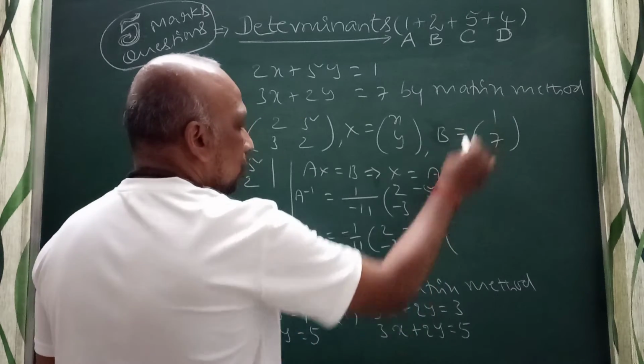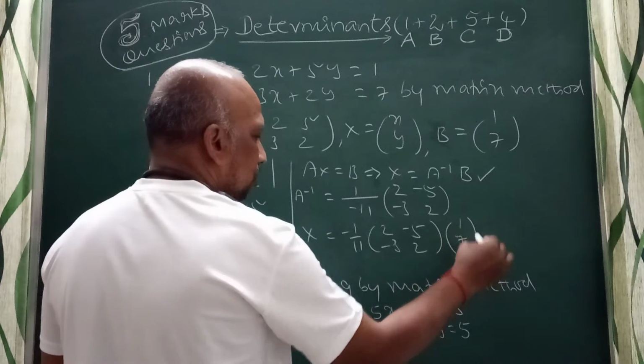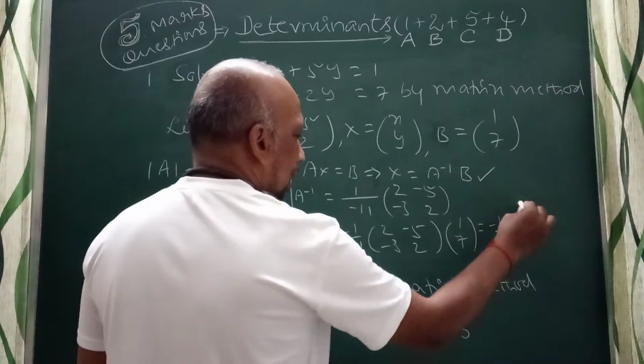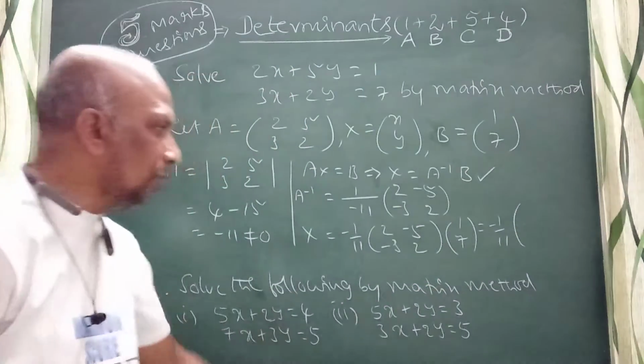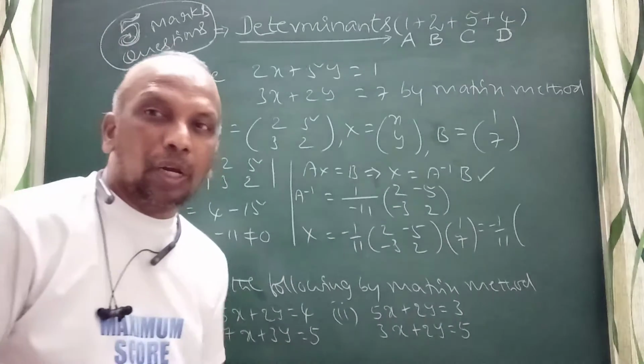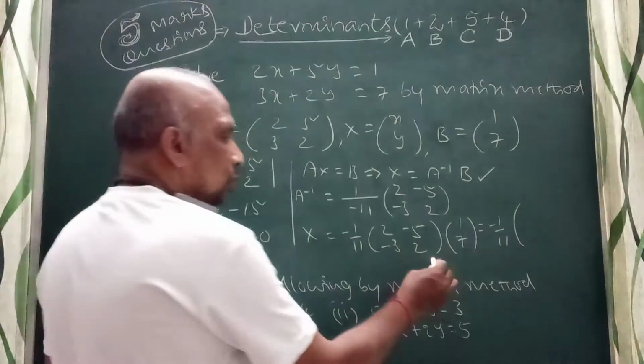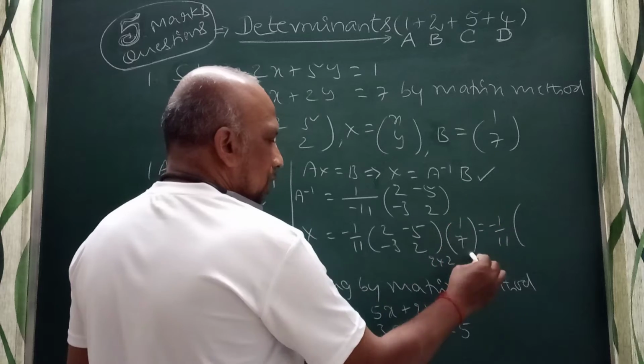Into 1, 7. You get minus 1 by 11. Just simplify. Be careful here: this is 2 by 2 and that is 2 by 1, so you will get 2 by 1.